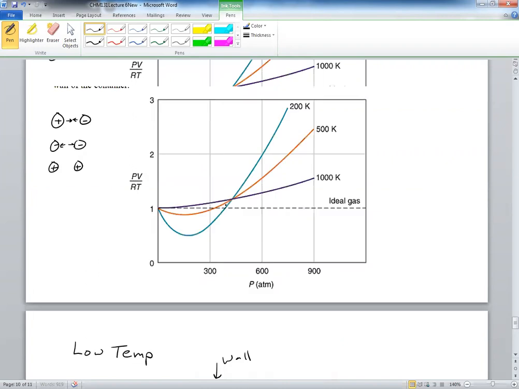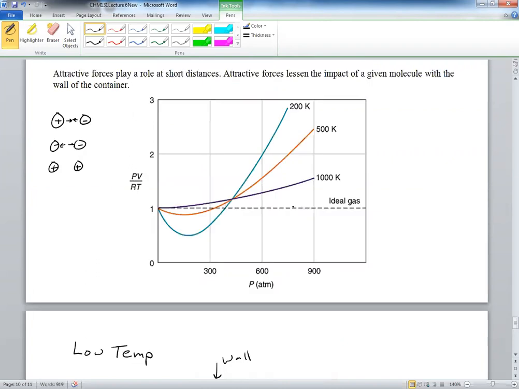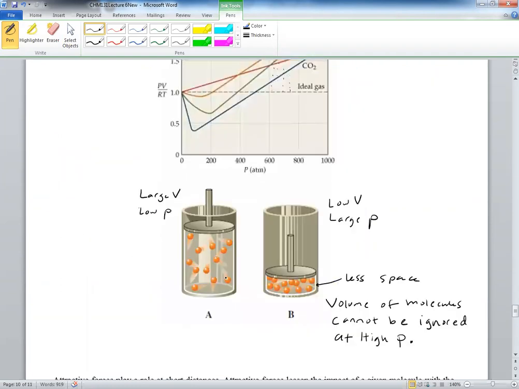And again, you see it here. It says attractive forces lessen the impact of a given molecule with the wall of the container. And once again, the lower the temperature, the higher the... this is the pressure right here. Talked about that.